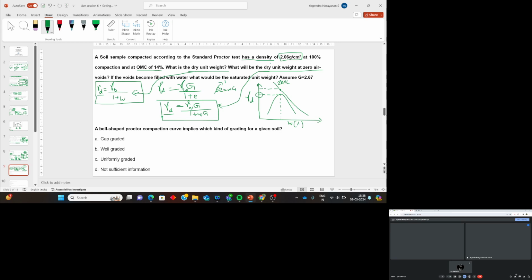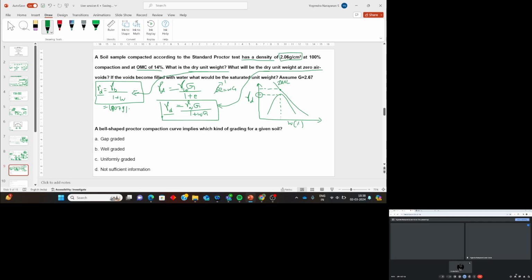So it is bulk density. 1.807. What is the unit?